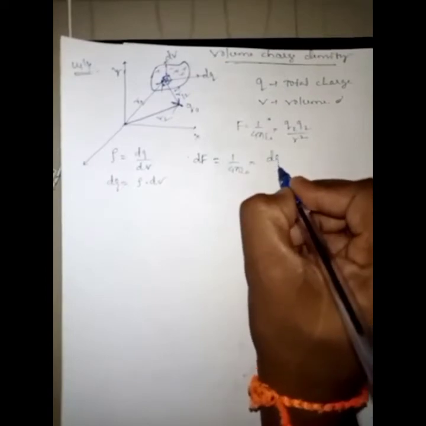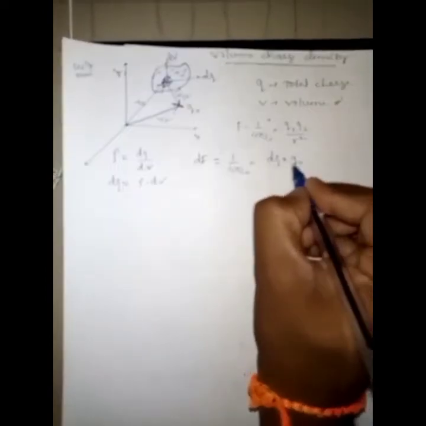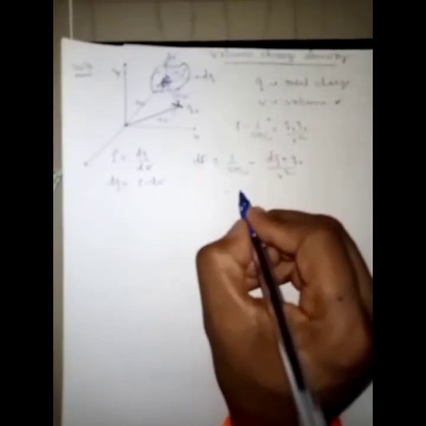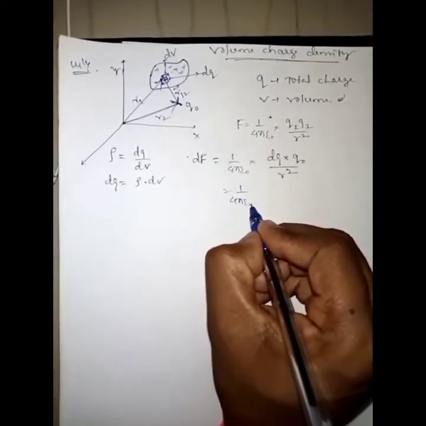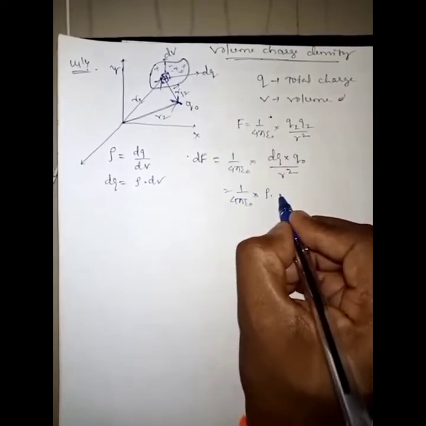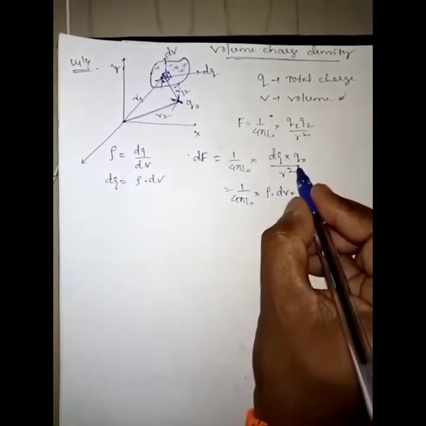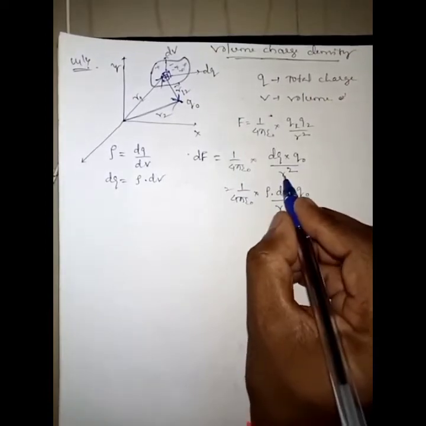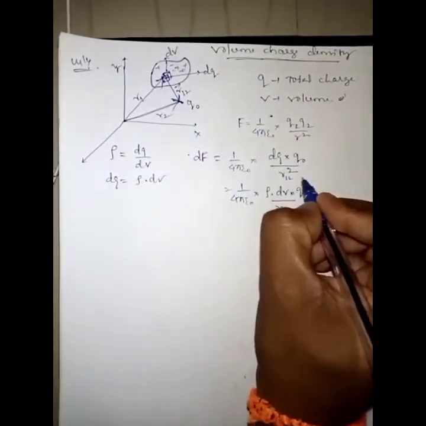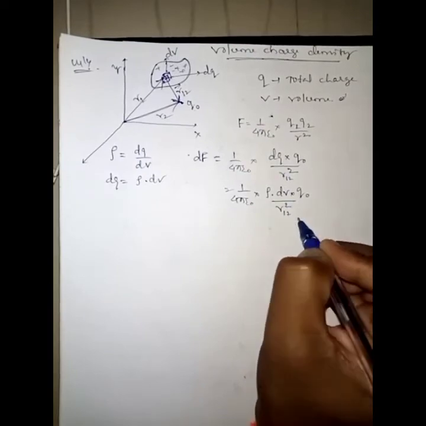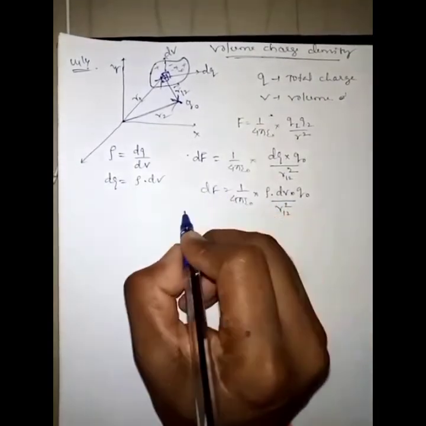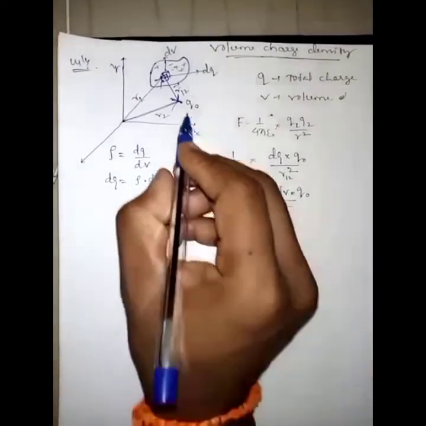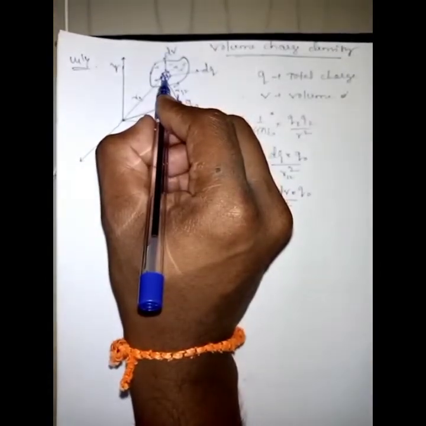Therefore dF is equal to 1 by 4 pi epsilon naught, dq is rho into dV, into q naught, the test charge, divided by r12 square. This is the force due to a small volume element.